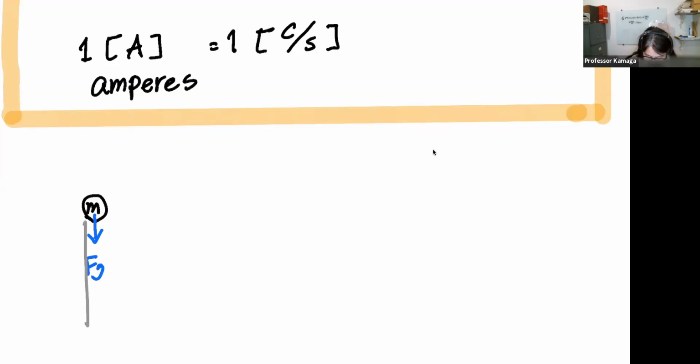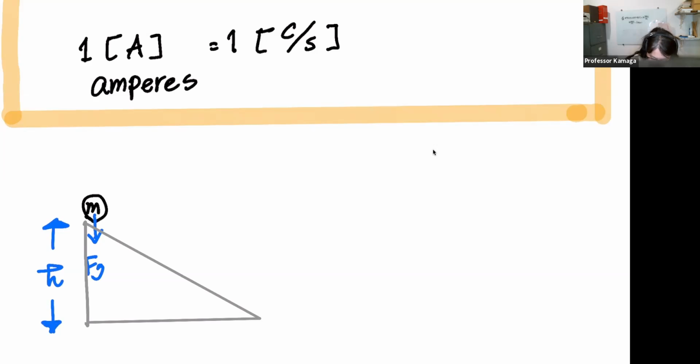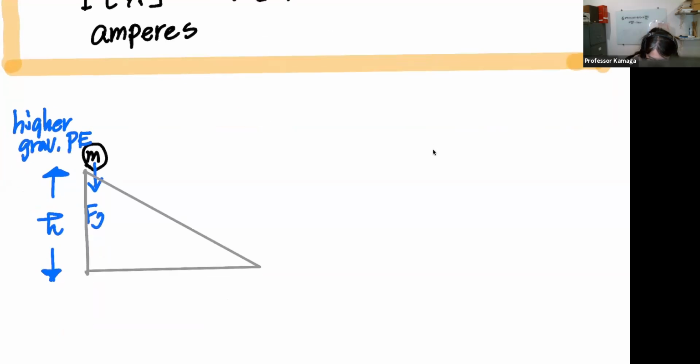So you could be on top of a slope or something. When you have a height difference, the object will move from higher gravitational potential energy to lower, right? It flows from high to low.